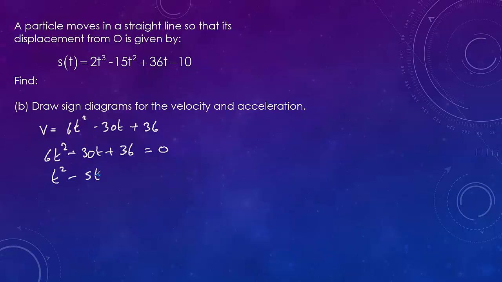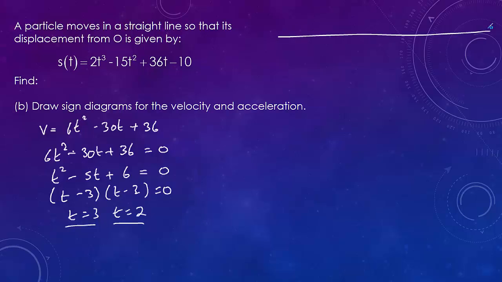So t squared minus 5t plus 6 is equal to 0. So that gives me t minus 3 and t minus 2 equals 0. So t is equal to 3 and t is equal to 2.